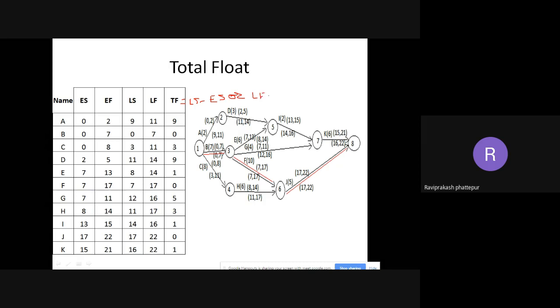So whether you are taking start or finish, both can be taken. The highest minus the smallest.